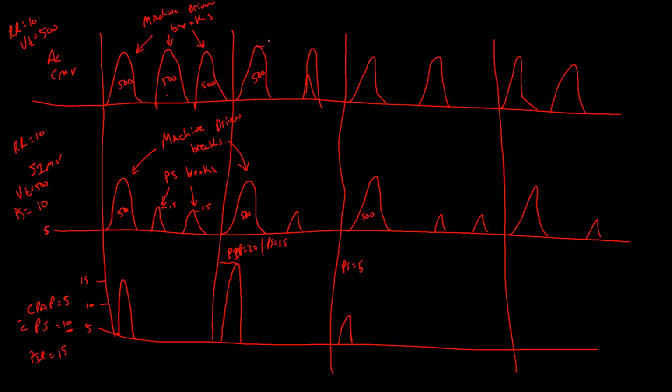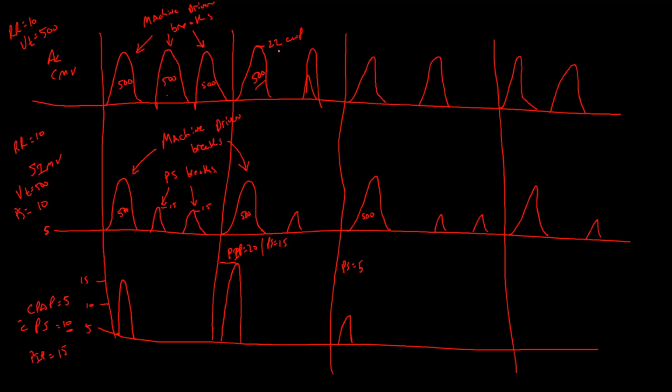So let's say the peak inspiratory pressure is 22 centimeters of water pressure. In this particular breath, the patient got 500 cc's at 22 centimeters of water pressure.